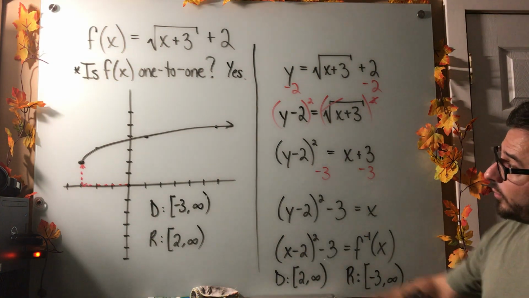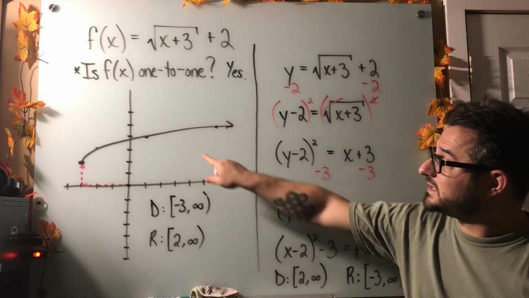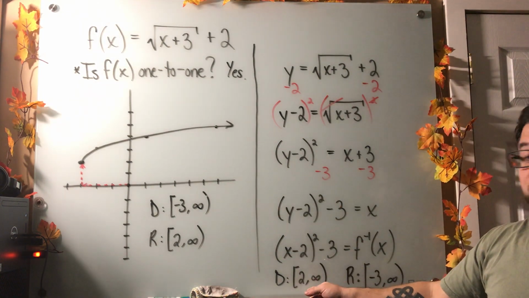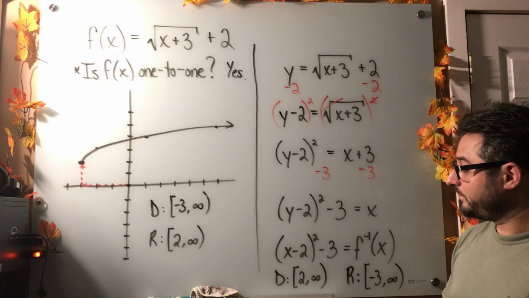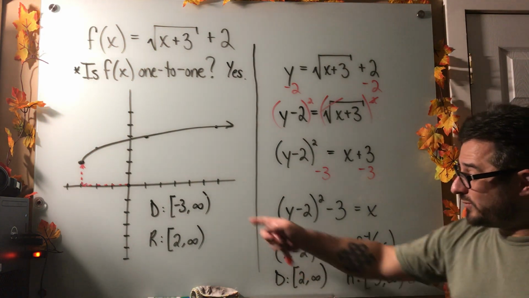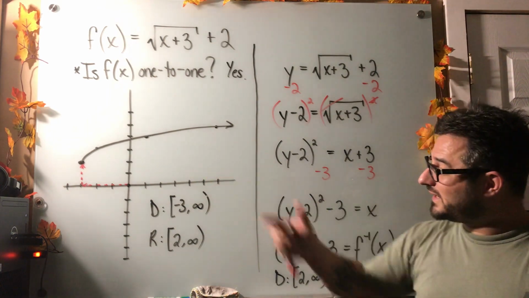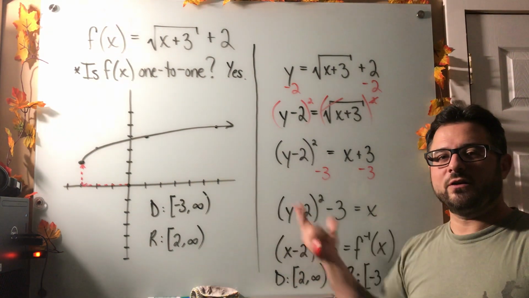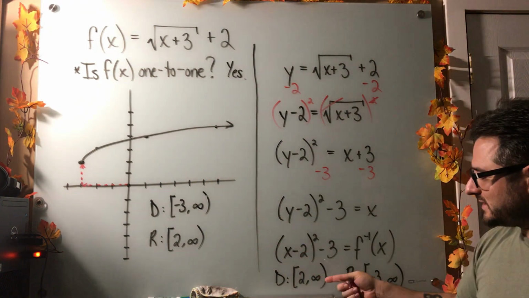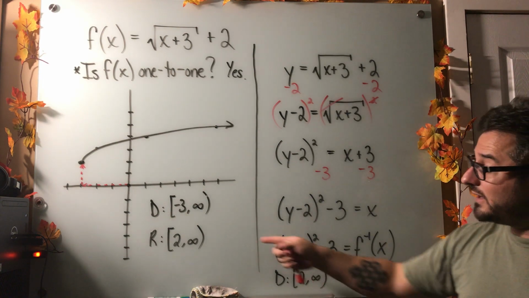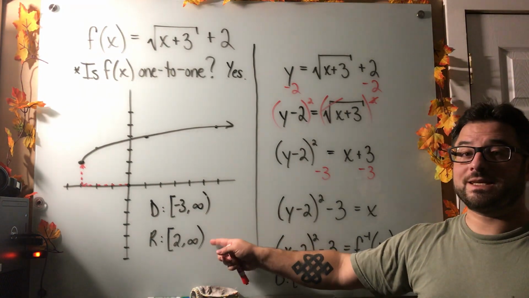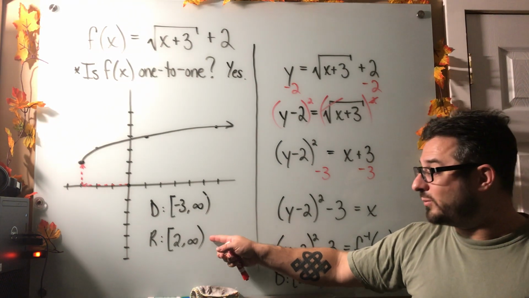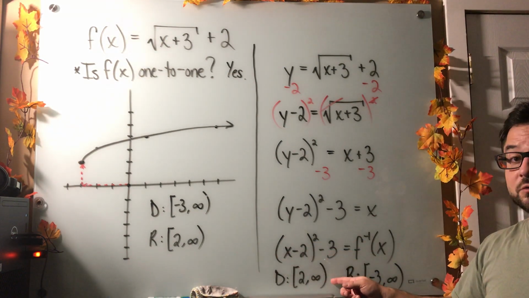Namely, that the only way that this guy can exist as an inverse of him is under the restriction that we cut away half of the parabola. So I know we started on this side, but the idea is the only way these two functions can even exist as inverses is under that restriction. In this case, we didn't have to create the restriction, it was built in. But we do have to realize that it carries through.